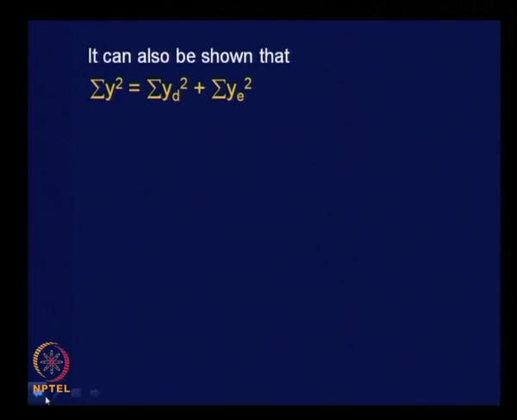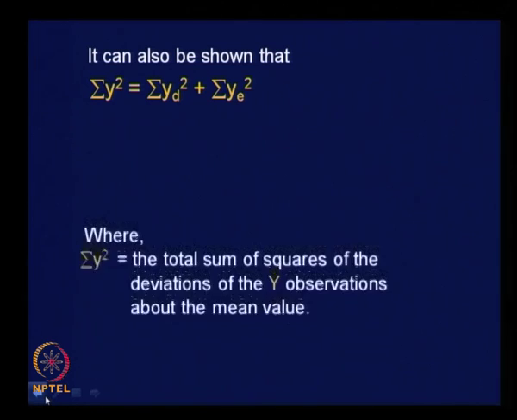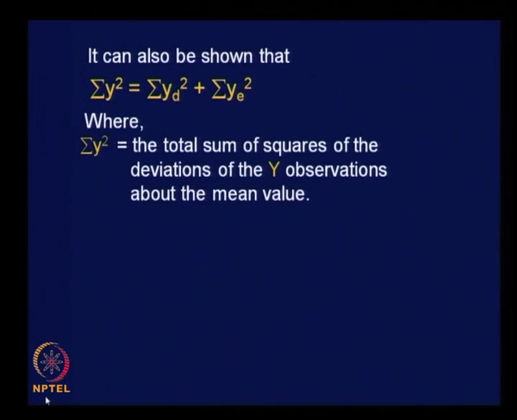Then we discussed the sums of squares. We identified 3 different sums of squares, and we also looked at this particular relationship: Σy² = Σyd² + Σye². It is better to understand the description of each of these sums of squares.